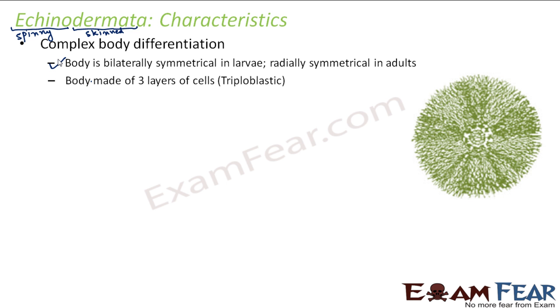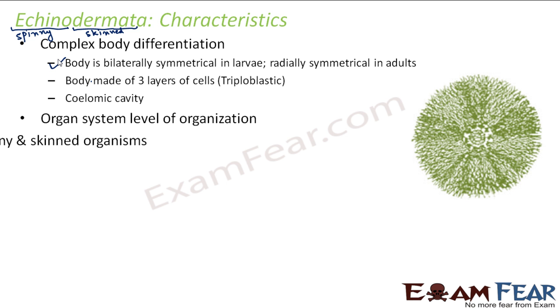They are triploblastic, they have ectoderm, endoderm and mesoderm. They have a coelomic cavity, therefore they are coelomates. They have an organ system level of organization with distinct organ systems. Over 6,000 species of Echinodermata exist.